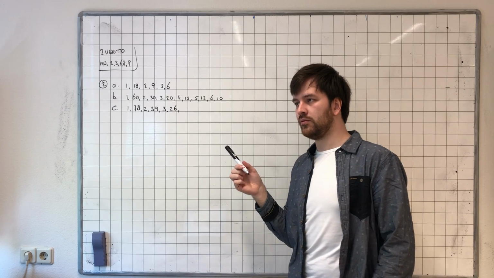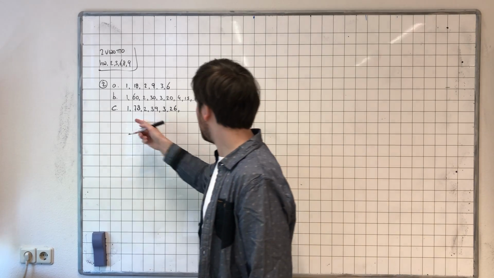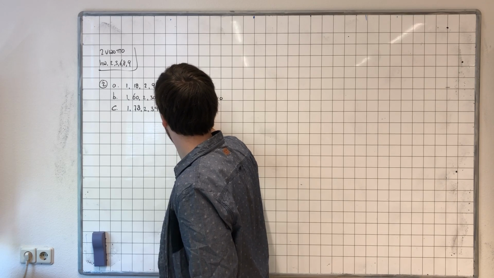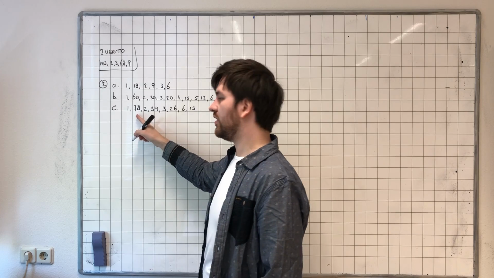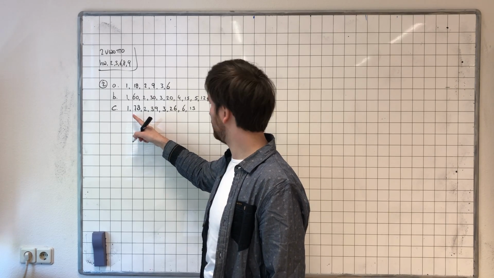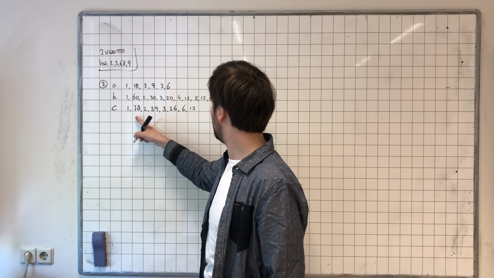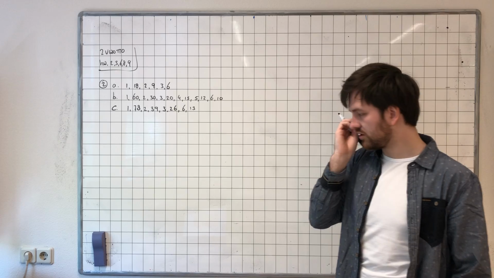Can we divide it with 4? No. 5? No. 6, we can divide it with 6. So 6 times 13. Can we divide this with 7? No. 8? No. 9? No. 10, no, 11 and 12 as well. So these are all the divisors of 78.